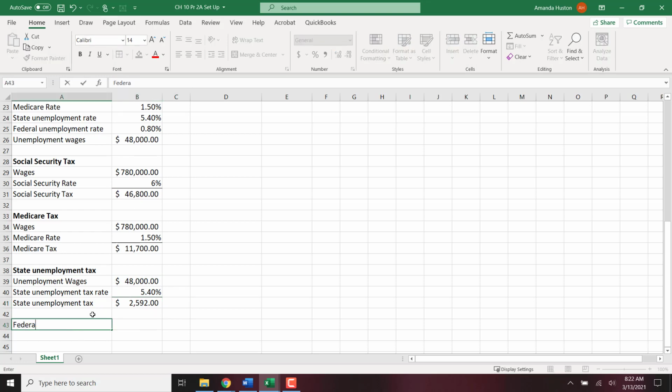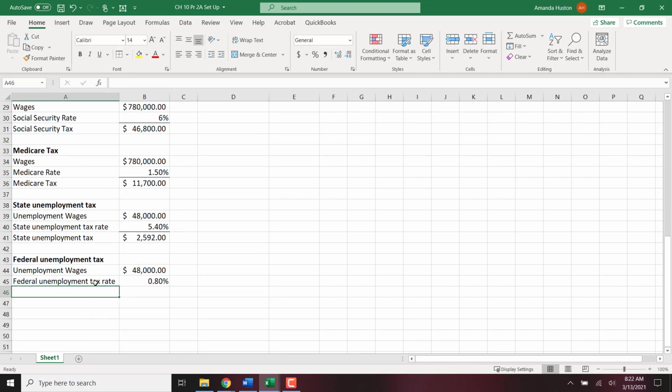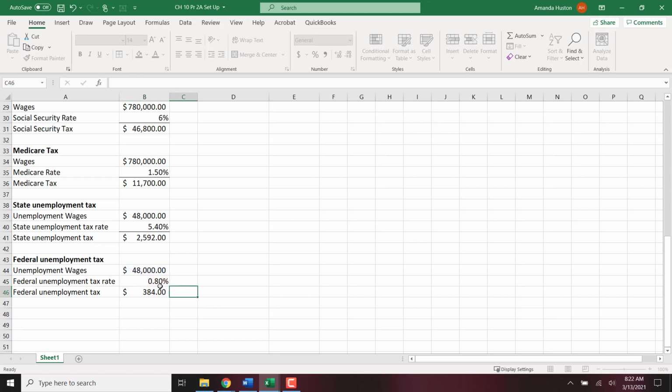And then we do federal unemployment tax. That is unemployment wages, which is the 48,000, times the federal unemployment tax rate, which is 0.8%, and then we get federal unemployment tax. Okay, so now we've done all of that. We've made the calculations we need for the most part.